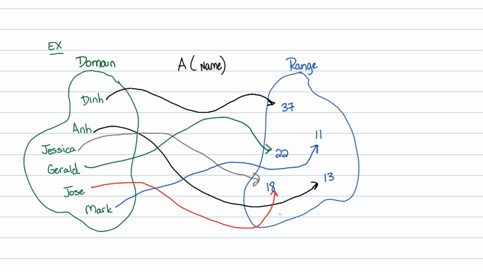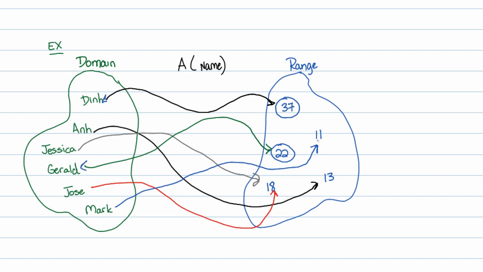However, if you gave me the output, which is the age, I could not possibly tell you who it corresponds to for one of these numbers specifically. If you told me the age 37, I would be able to tell you that's Din. If you told me 22, that's Gerald.